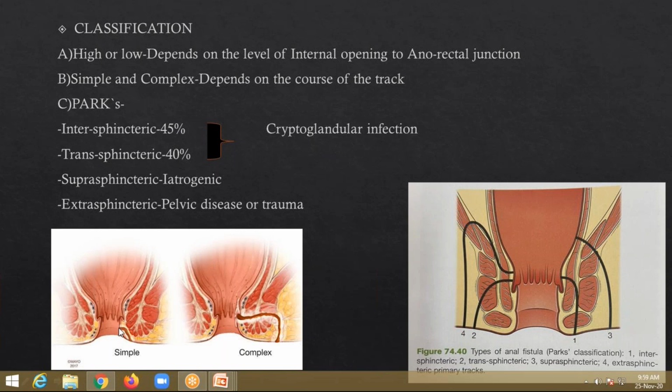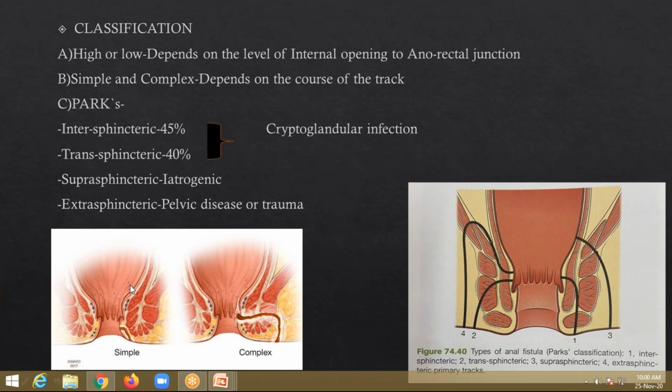See here, the internal opening is there, and this is the external opening. If this internal opening is situated above the anorectal junction, see, this is the anorectal junction, this curved bent end, okay, above this, if there is an internal opening here and the tract is coming from that and opening here in the buttock, then that internal opening is above the anorectal junction.